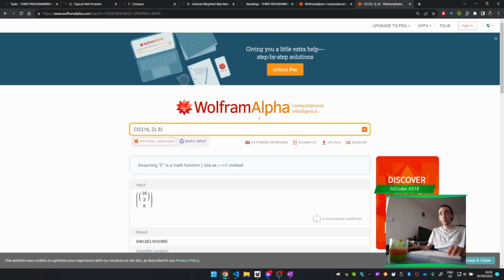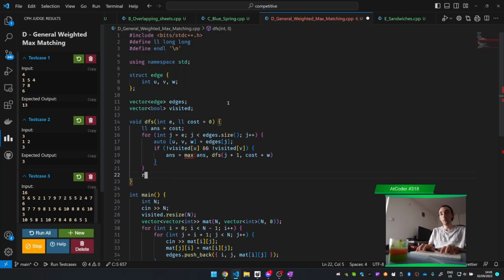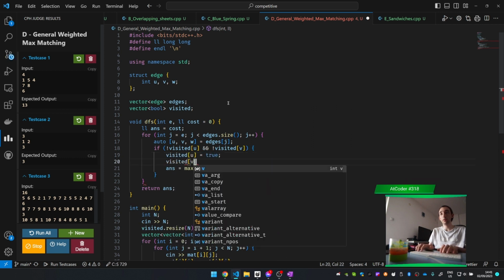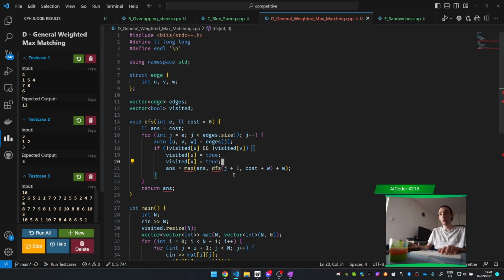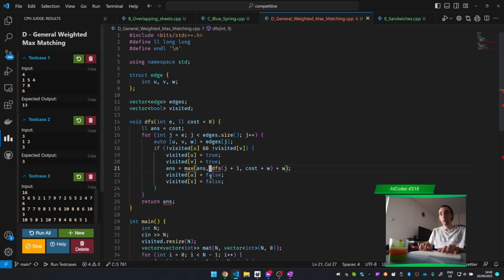Wait, does it have to be a full maximum possible? Return answer: cost plus this edge from the next edge, and then plus the weight of my edge here. Also visited at U is true, visited at V is true, and then we revert this back to false. And this is that.